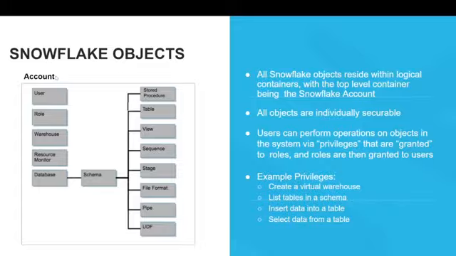All objects are individually securable. Users can perform operations on objects in the system via privileges that are granted to the roles, and the roles are granted to the users. So under the account, you will have different users, you will have different roles, and these roles will have different privileges which are granted to these roles. And now these roles are assigned to different users.